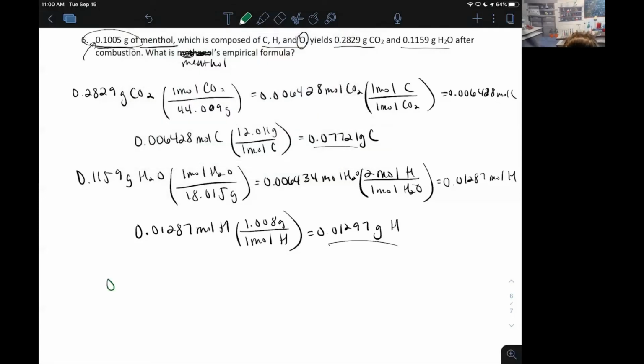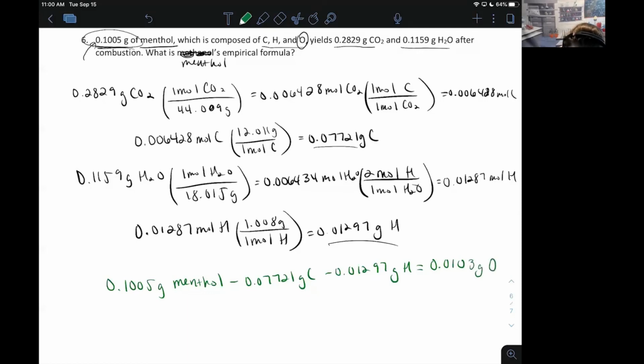So we have 0.1005 grams of menthol. And we subtract 0.07721 grams of carbon and 0.01297 grams of hydrogen to give me 0.0103 grams of oxygen.